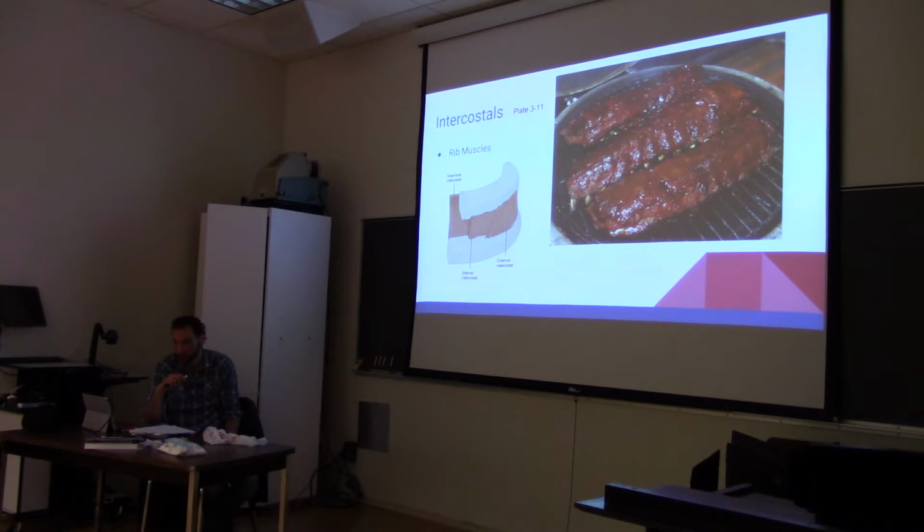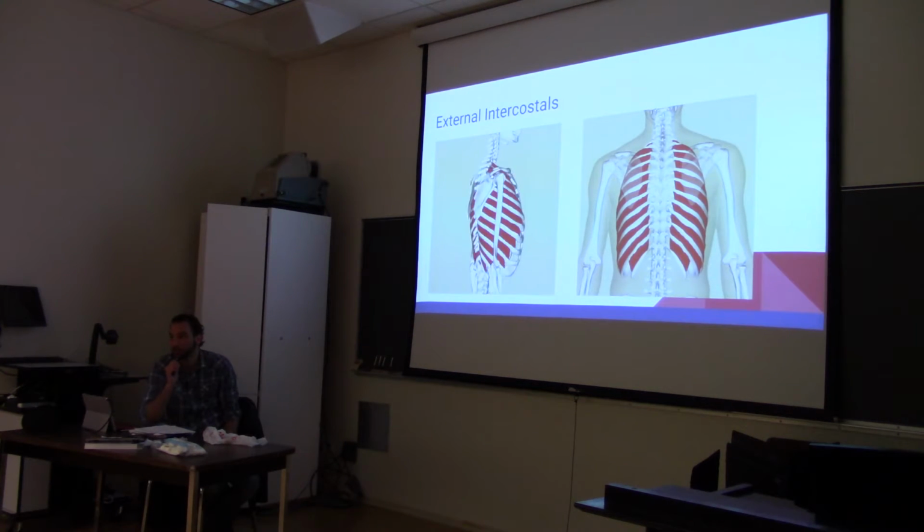That's a really good picture of them, the best one you can find to explain them. If these ones flex, they pull your ribcage out, and if these ones flex, they squish them together, which is exhalation, decreasing lung volume. What do the innermost intercostals do? We'll find out later.